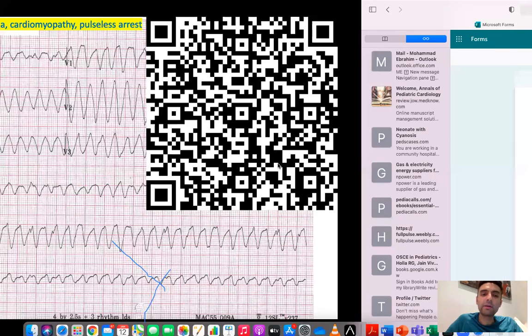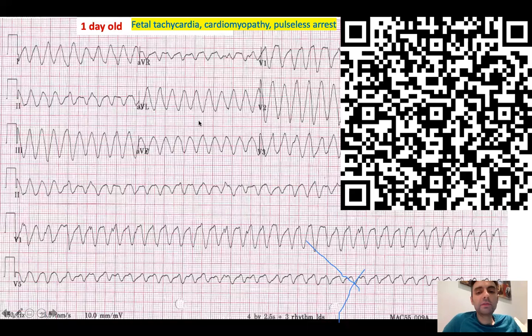Perfect. So that's a patient of ours, at Chest Hospital. This is a patient who had fetal tachycardia. Interesting patient. Had a fetal echo only 2 times, at late gestation, I think 32 or 34 weeks.